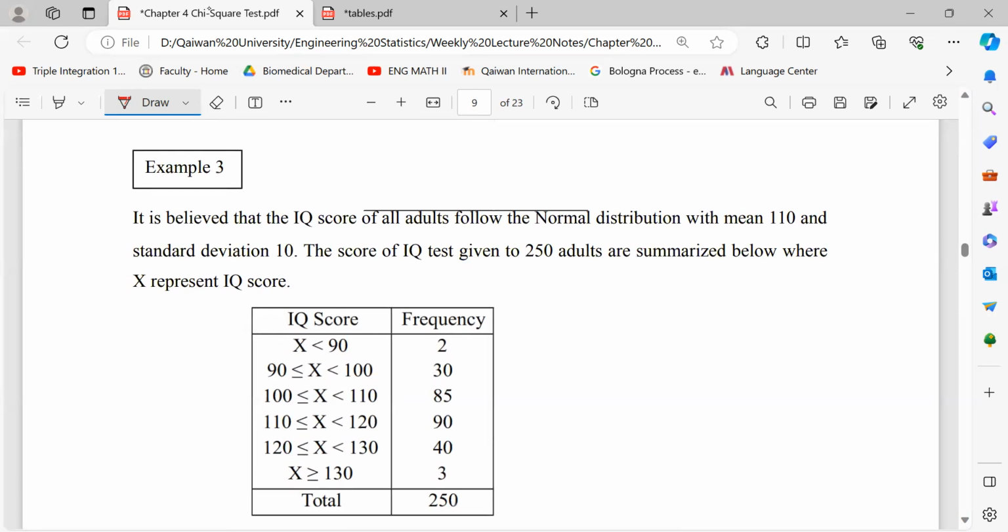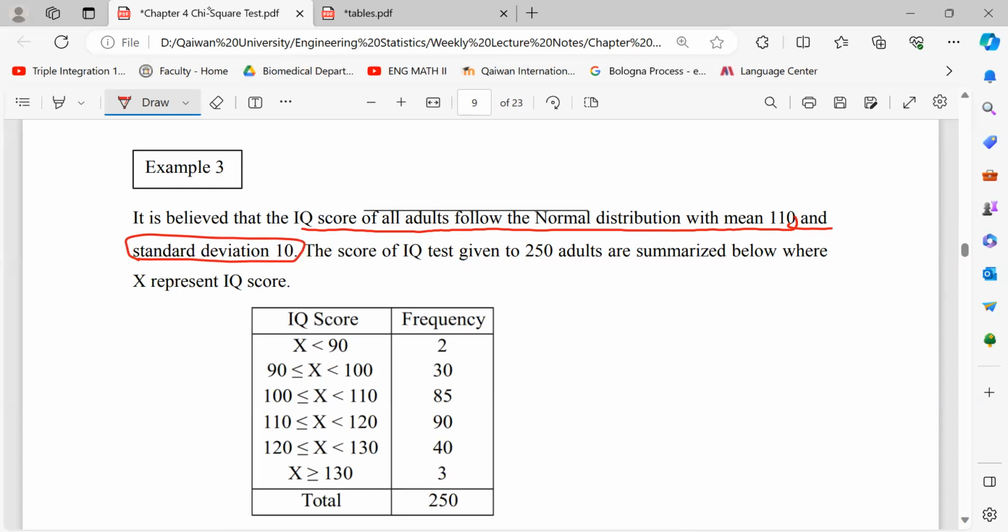In this example it says it's believed that the IQ score of all adults follows the normal distribution with mean 110 and standard deviation 10. This is the null hypothesis. It says it's believed that this one is true, so this statement is the null hypothesis, H naught.